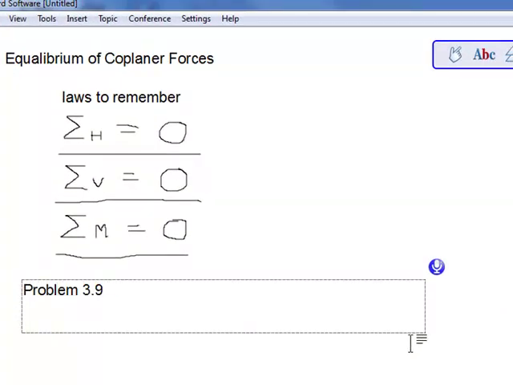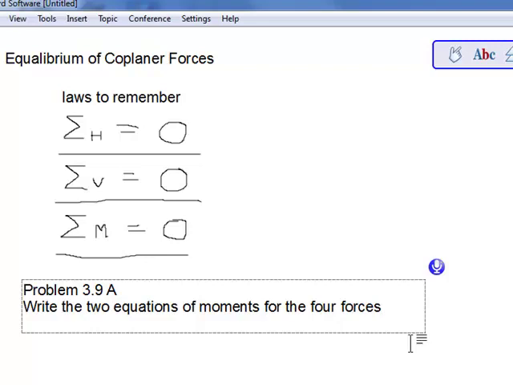So here I'm stating the problem again, 3.9a. We want you to write the two equations of moments for the four forces shown in figure 3.15b, taking points C and D as the centers of the moments.